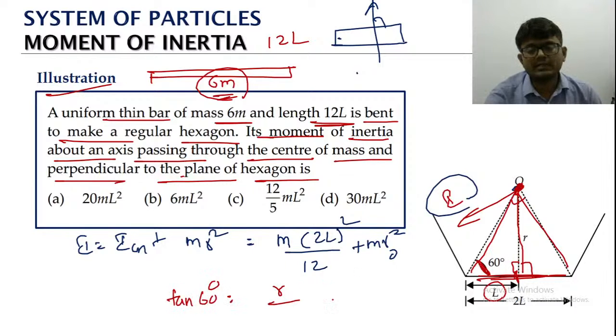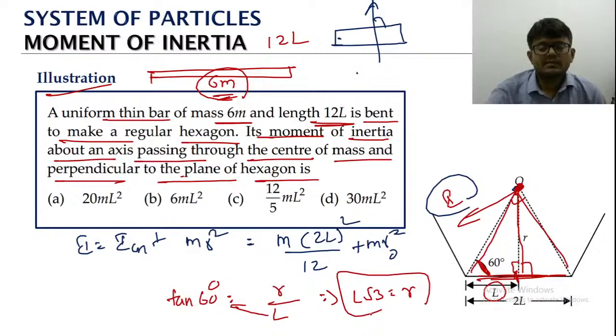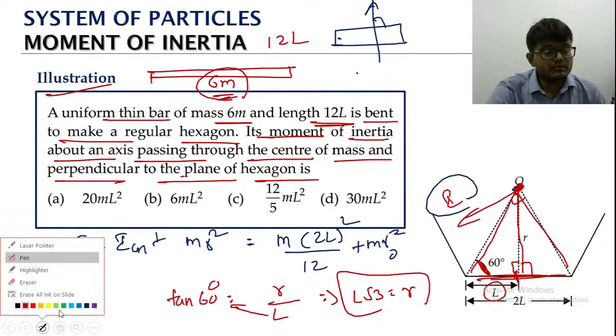Opposite by base. If you rearrange, tan 60 is root 3. So L root 3 is equal to R. What is the R value? L root 3.